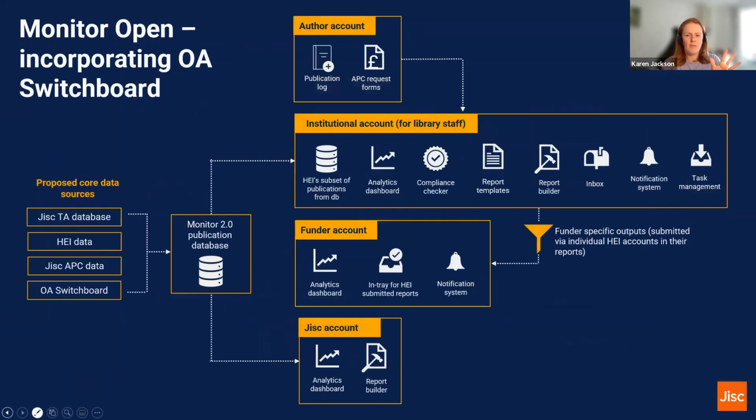This is the last bit for me just to roughly go through. So this is another tool that's currently in development within our team. It's called Monitor Open. We have a previous version that's just Monitor, which anyone may possibly be familiar with.